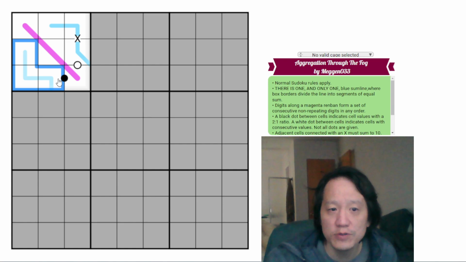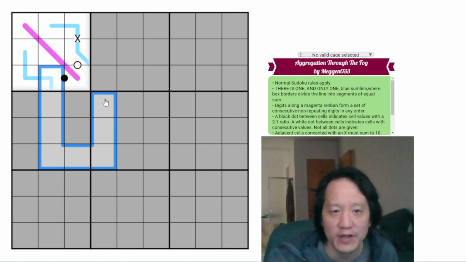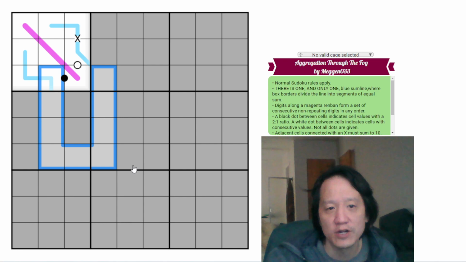So for example, this one must sum to the same number as this one because the box border divides it. And there is only one blue sum line. So it could be something like that or along those lines where it connects. So every region that's divided by the box borders must sum to the same number.